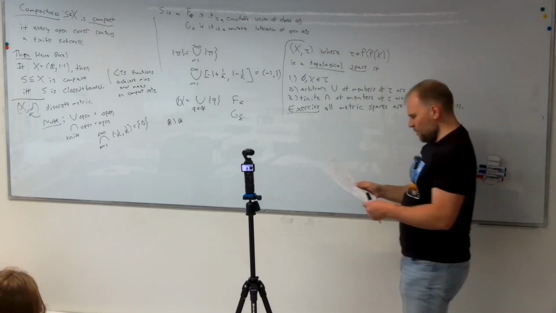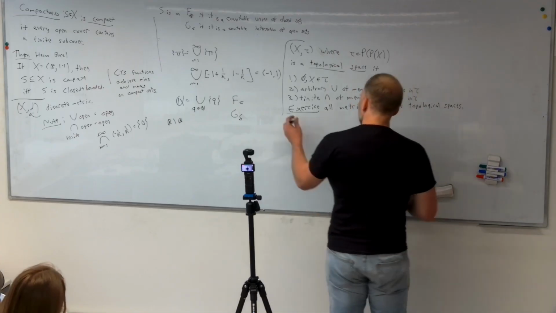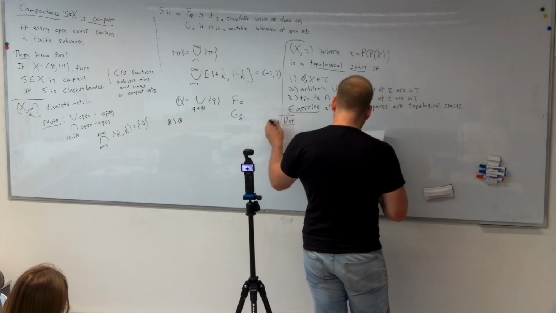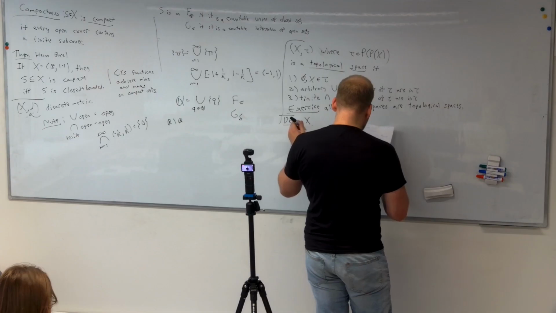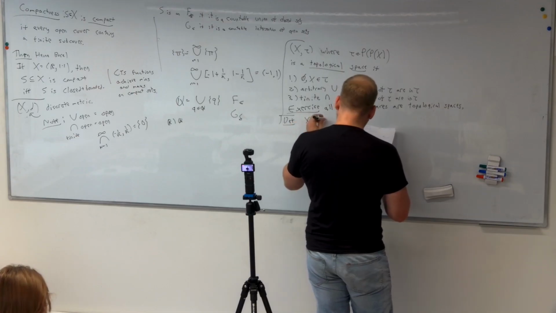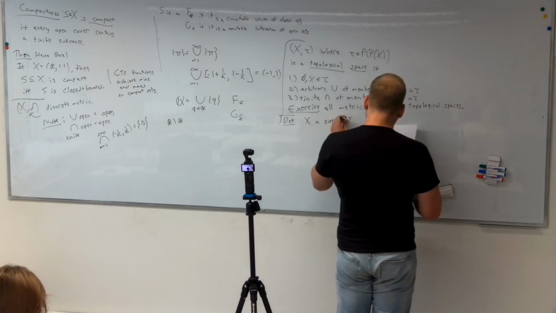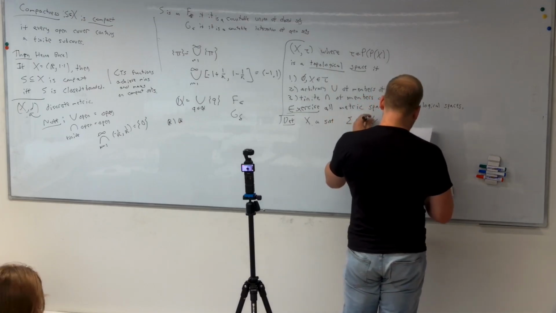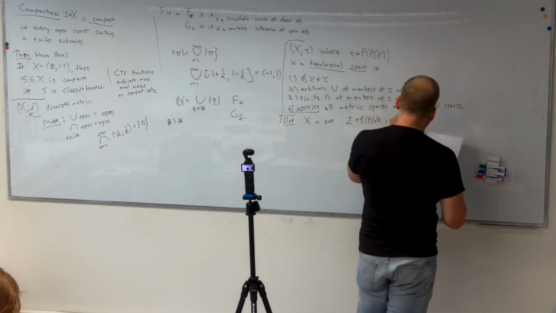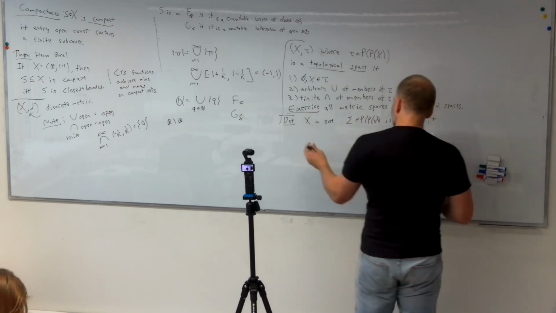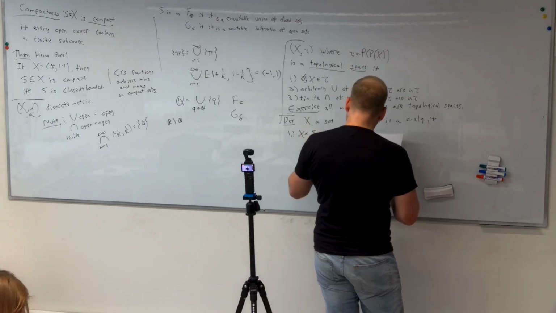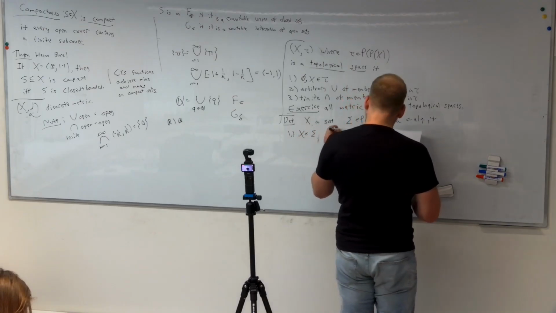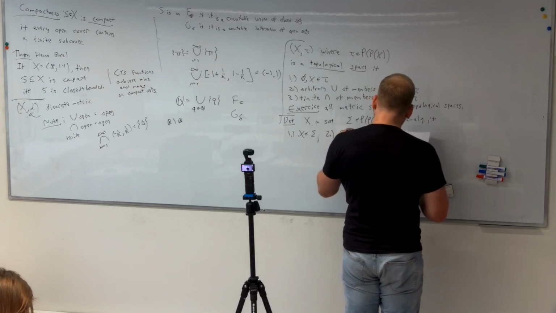So I'll just write it anyway, but I guess you've seen it already. We say, definition: X a set, and sigma a member of the power set of X, is a sigma algebra if we have a few conditions. 1, we have X in sigma. 2, sigma is closed under complements.